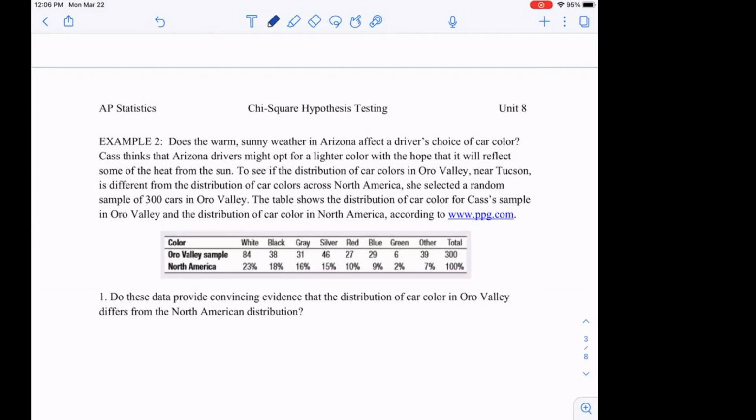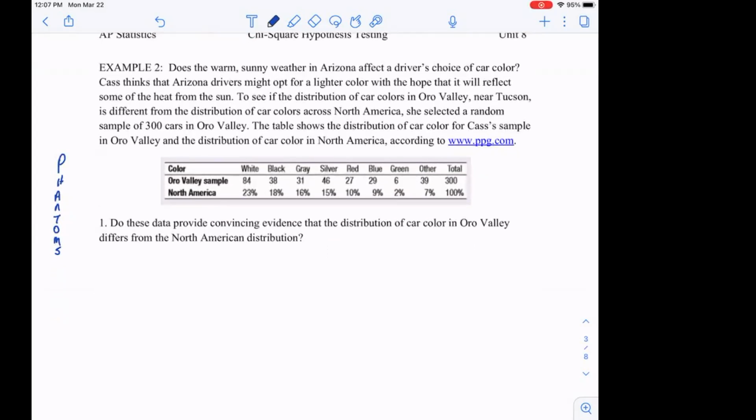Again, if you want to, you can still run through our phantoms. I will leave that up to you, but there are no parameters here, so we're going to start out with our hypotheses.